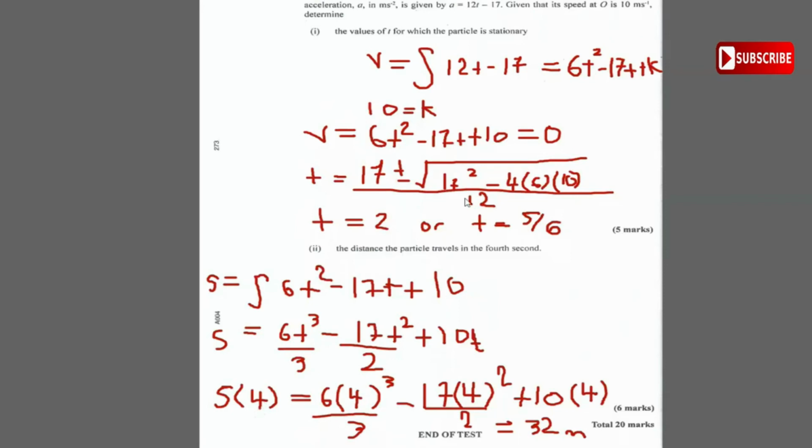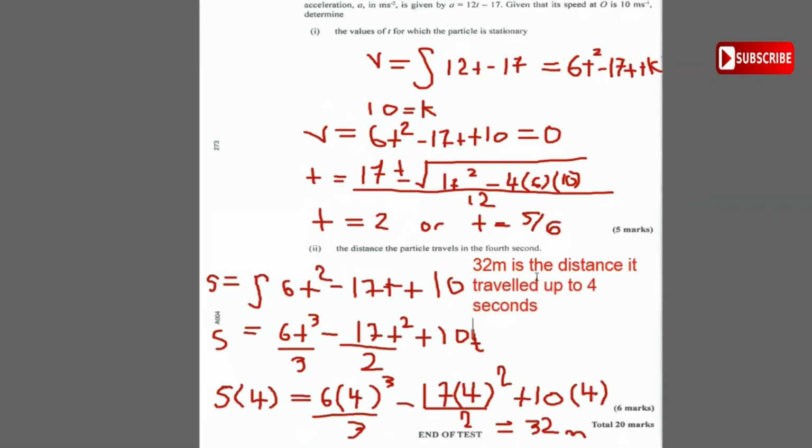So I want to clarify that: the 32 meters is the distance it traveled up to 4 seconds.